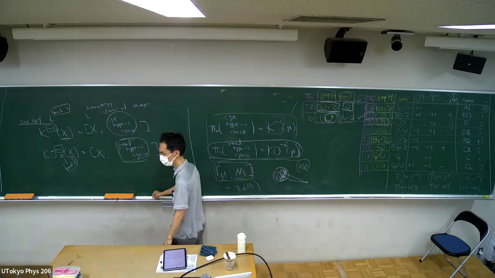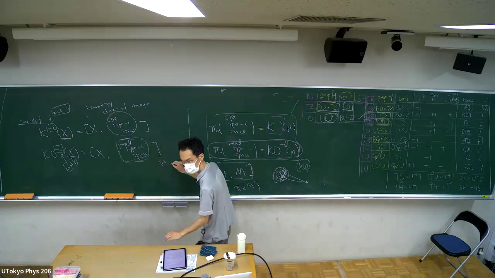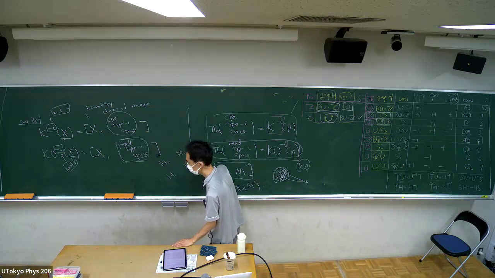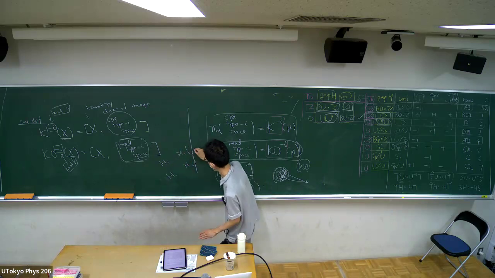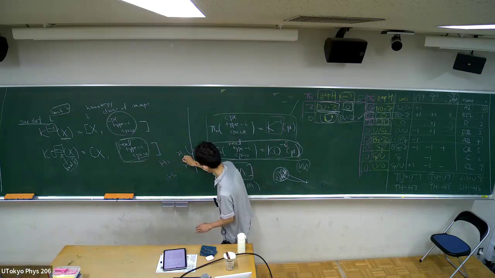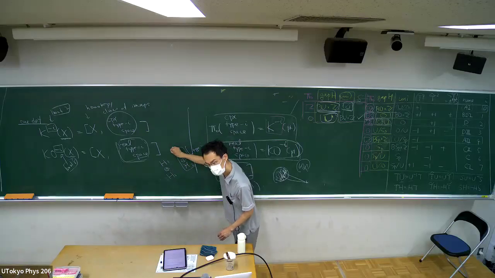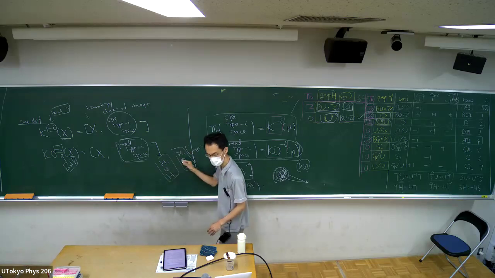So if you have a gapped Hamiltonian H1 acting on Hilbert space H1 and gapped Hamiltonian H2 acting on a Hilbert space H2, both in symmetry class type I, then you can consider the direct sum Hilbert space acted on by the direct sum Hamiltonian.